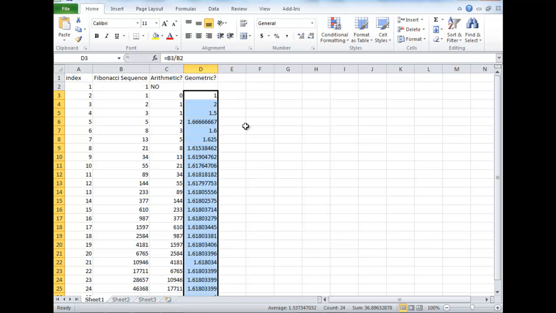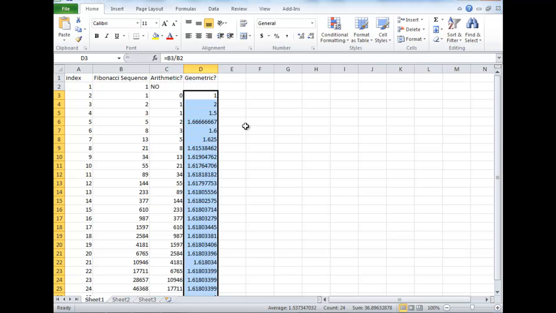Hey, look, is it geometric? No. That's the golden ratio. You were just talking about that. Yeah. So even though it's not geometric, it's trying to act like a geometric sequence. And notice you got that number down, 1.618.